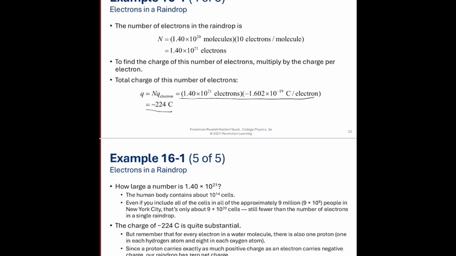Remember that cells are much, much bigger than electrons. Cells are essentially macroscopic structures compared to what an electron is. Cells are made up of tons of atoms, millions of atoms. So cells are much bigger than electrons. And that's why we have a lot fewer cells in our body than a raindrop has electrons.